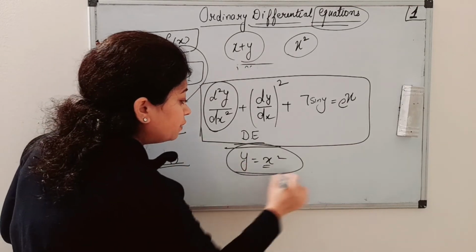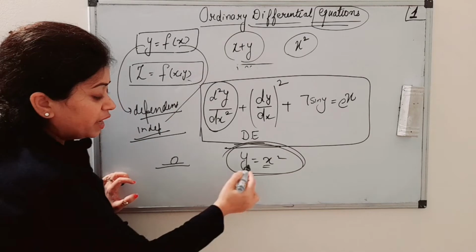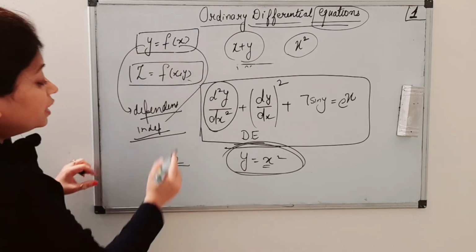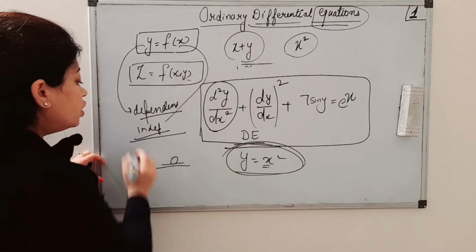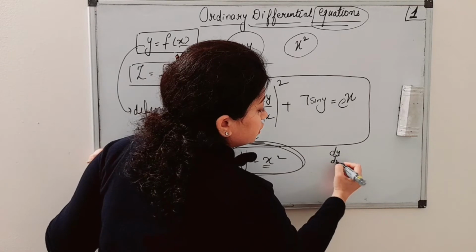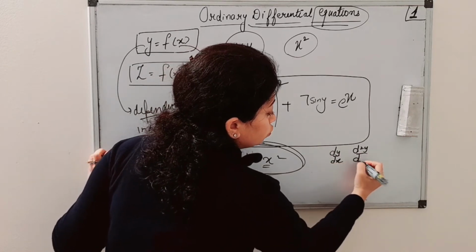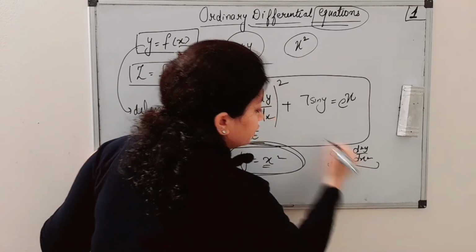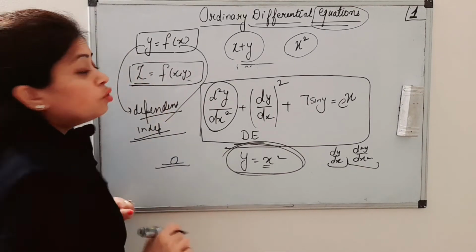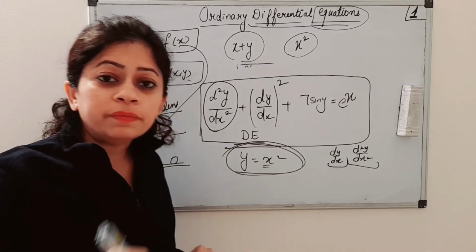If we have only one independent variable in a function, then we take the ordinary derivative. Ordinary derivative means dy by dx, d2y by dx2. We take the normal derivative.